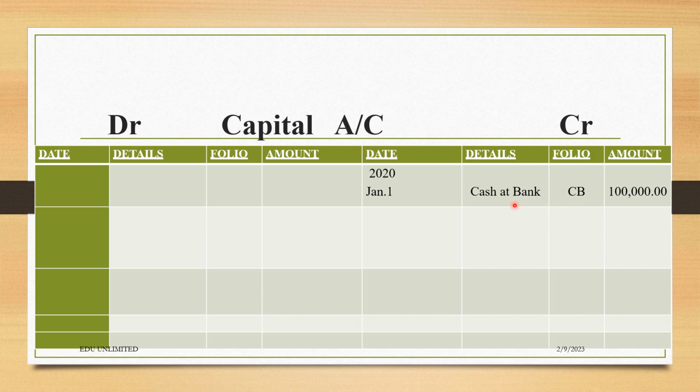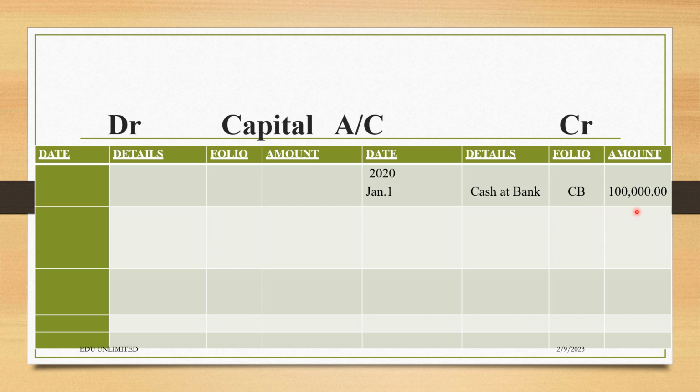So that cash at bank is a column in the cash book. The amount is $100,000, so in the capital account on the credit side, this is the entry that we would record.